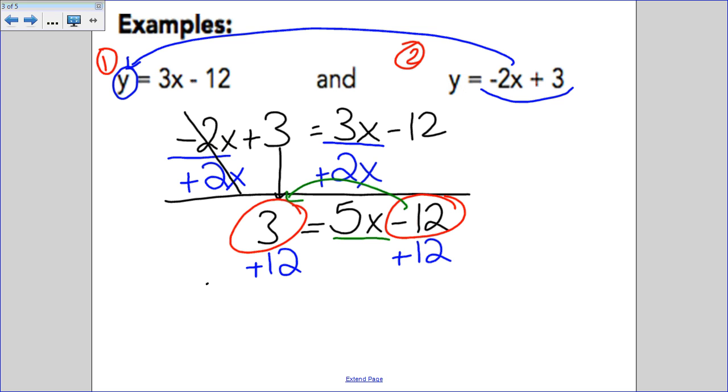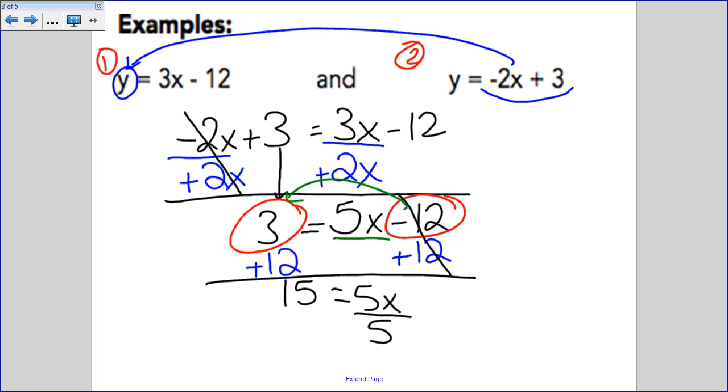What's your new equation? Well, those are going to cancel, and I'm left with 5x equals 3 plus 12 is 15. When you divide by your coefficient of x, you get that x equals 3. Remember, we need to save that answer because it's going to be part of our final solution.